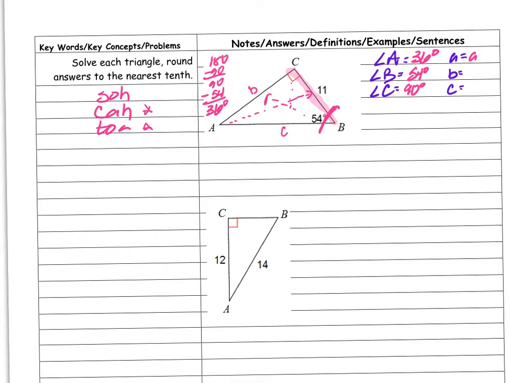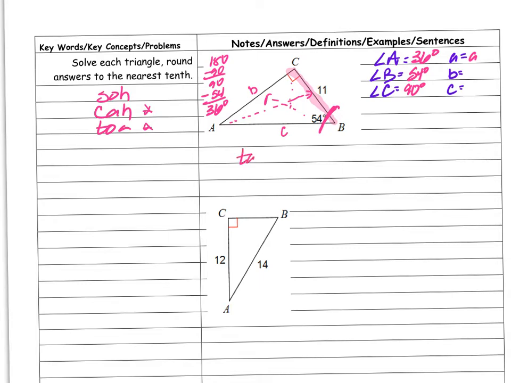It doesn't matter which one I start with first. Can I find B or C? It doesn't matter. Just go ahead and pick one and solve for it. So we're going to go ahead and start with B. Side B is opposite the angle, and 11 is the adjacent, so that's tangent.